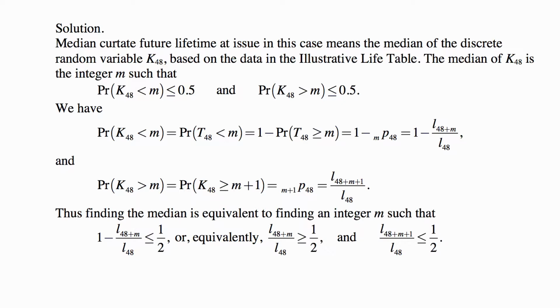Now this is a discrete probability distribution, so there are positive probability weights assigned to some specific integer values, and that's why the median definition is so strange. It says no more than half probability to the left and no more than half probability to the right, but there may be a positive probability in the middle. That's the point.